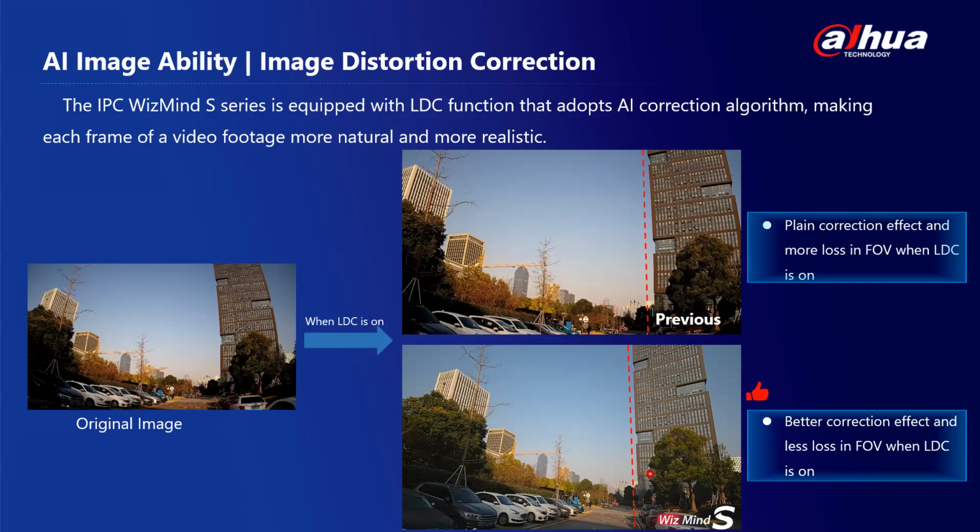That is the lens distortion correction function ability of the WizMind S series. So in this case, the IPC's WizMind S, they're equipped with the lens distortion correction function, or the LDC function that adopts AI correction algorithms, making each frame of a video footage more natural and more realistic.